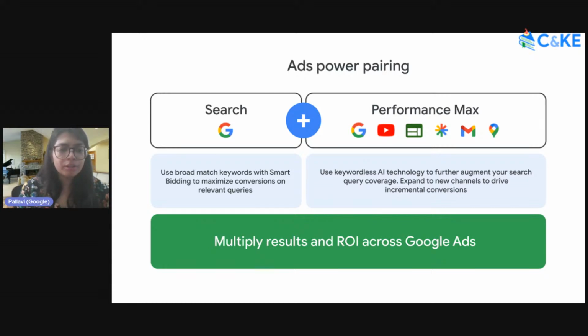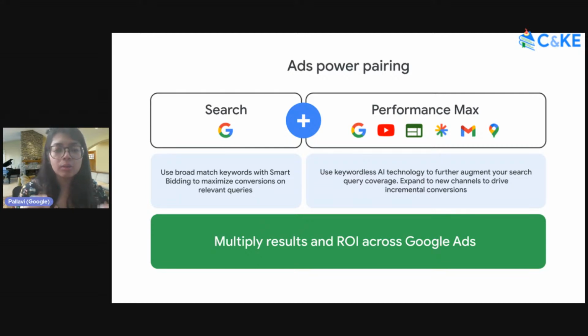Now, one of the common questions that we have addressed a lot is how does a search campaign and a Performance Max campaign work together? One thing that we explicitly want to share with our practitioners is that search and Performance Max together is a power pairing, and this combination will help you win maximum auctions.